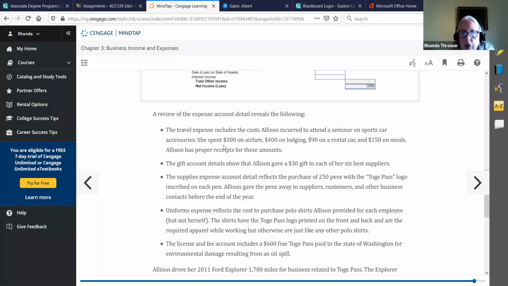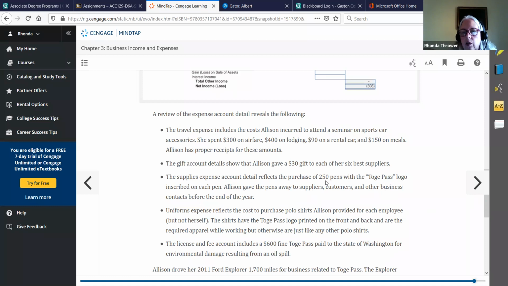So we've looked at this additional information, we've looked at this additional information. And right here it says the supplies expense account detail reflects the purchase of 250 pens with the Toad Pass logo inscribed on each pen. Allison gave the pens away to suppliers, customers, and other business contacts before the end of the year.